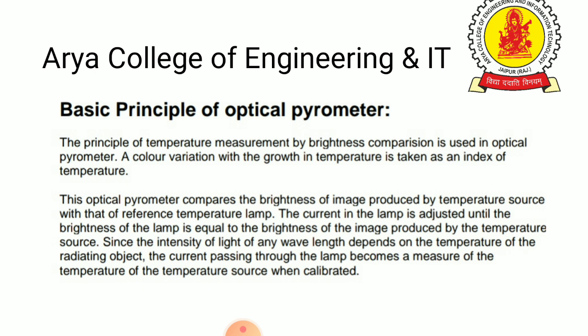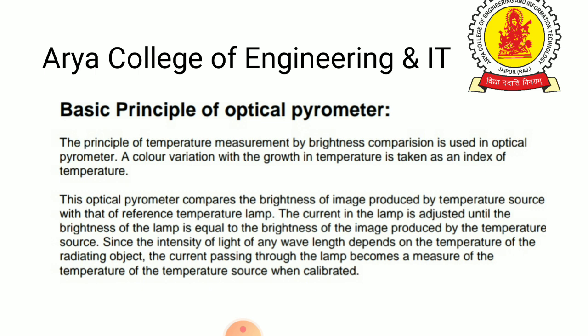The optical pyrometer compares the brightness of the image produced by the temperature source with that of a reference temperature lamp, and the current in the lamp is adjusted until the brightness of the lamp is equal to the brightness of the image produced by the temperature source.